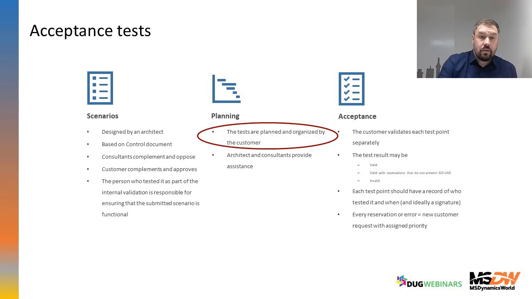And they are based on the control document. The control document is the solution design, but at the time the implementation went live, some processes could change. So of course, at this moment when I'm preparing the acceptance scenarios, I will reflect everything that changed.